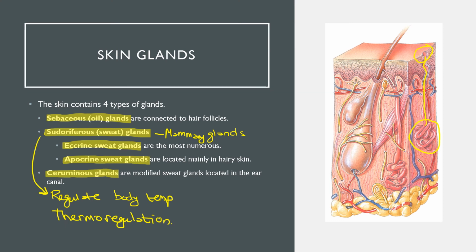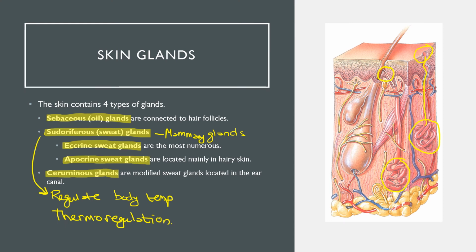So you're going to see an apocrine sweat gland right here. So the secretion of these glands is completed by exocytosis. Apocrine sweat contains the same components of eccrine sweat, plus some more lipids and proteins. So as you can see here, it's going to open to a pore on the hair shaft.